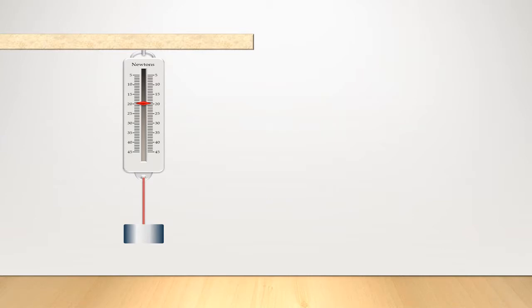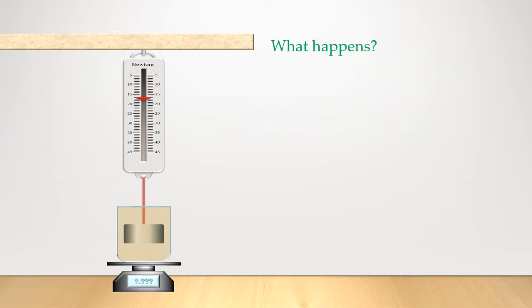So now let's take this apparatus and include the oil on the spring scale. Okay. What just happened? Well, if you noticed, the little red marker on the spring scale actually moved up a little bit. So we say that the upper scale decreases.